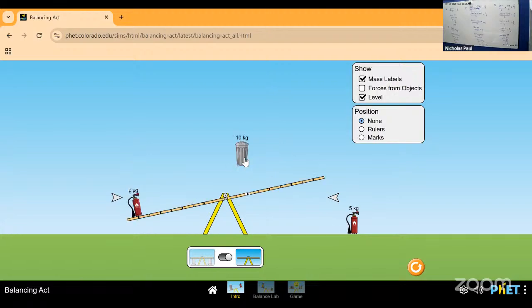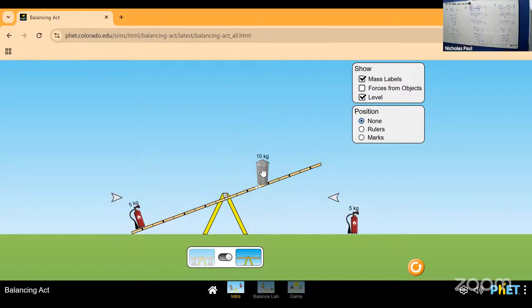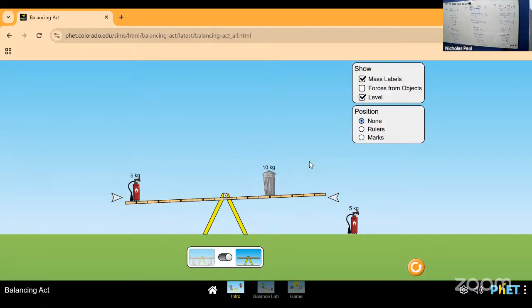Who's in 1? Who's in 2? Show my hands. Alright, most people are saying 2. Let's see what happened then. Check and see if it lights up. Did it light up? Yep, balance.